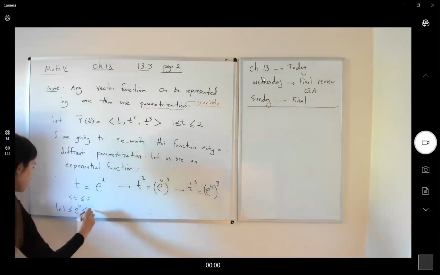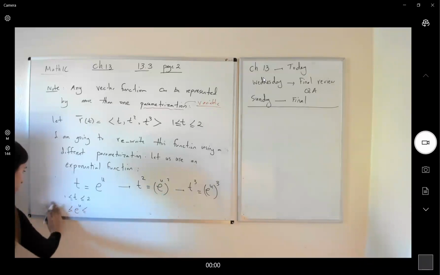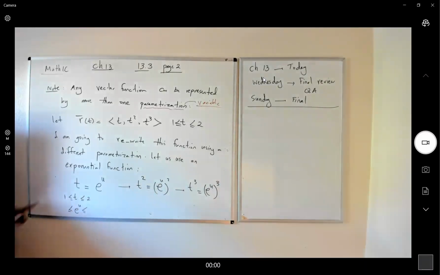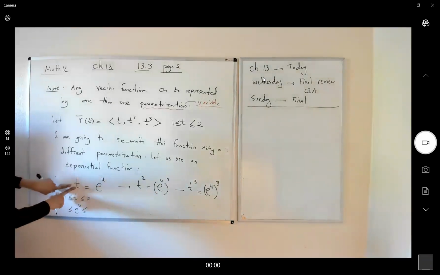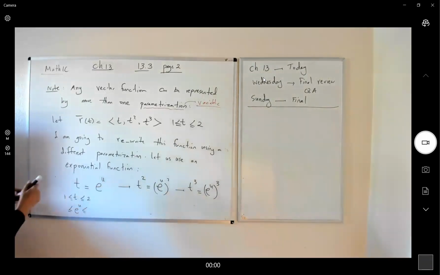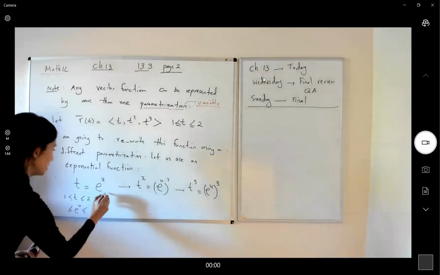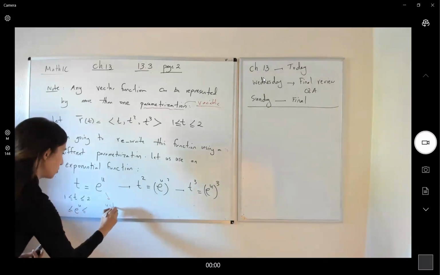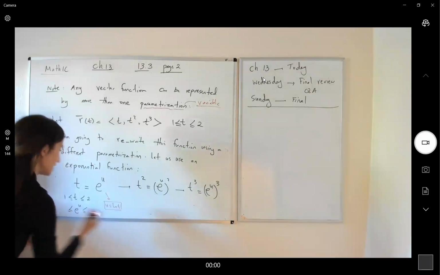ln of 1. So t is equal to 1, e to u is equal to 1, so u is ln of t. If you want to solve this, your u is equal to ln of t.